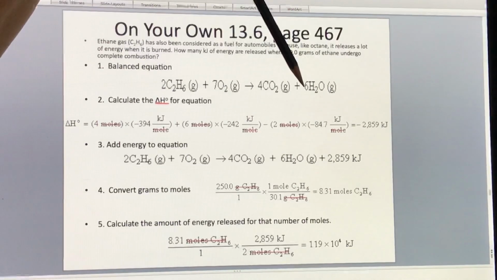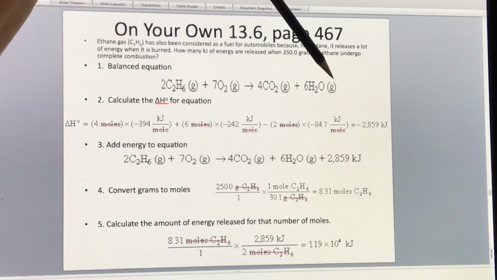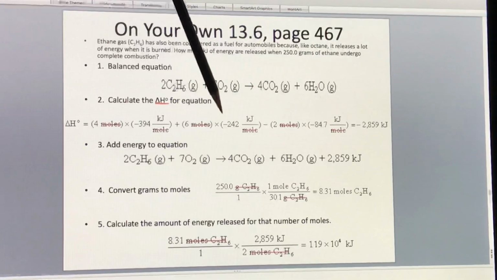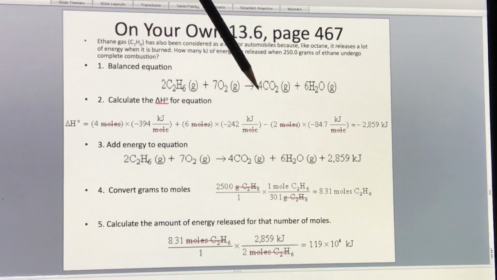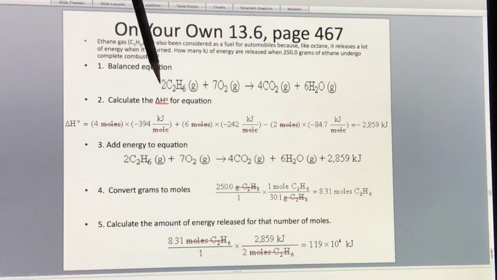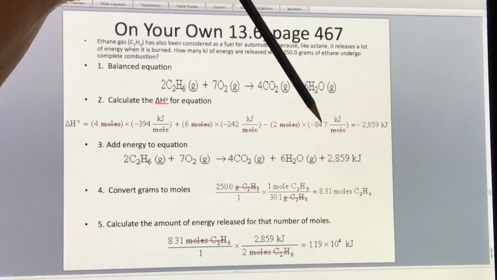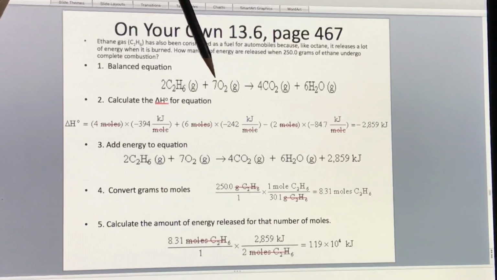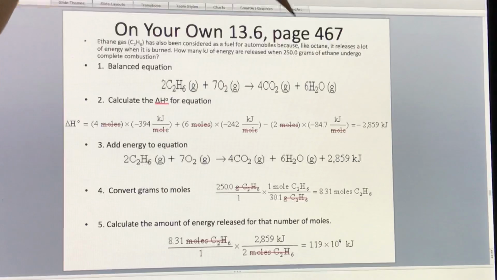And here we have the 6 times the water. Make sure you notice the water's in the gas state because it's different than the liquid, but it's going to be 6 times the negative 242. So that wraps it up for our products. Then we're going to subtract the value for the reactants. You have 2 times the value for C2H6 off the chart. And then finally, this is negligible because the O2 is found in its elemental state, and this is going to be 0, and so they didn't even include it on here.